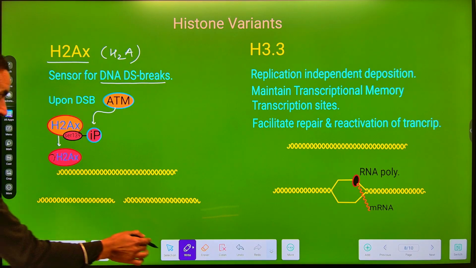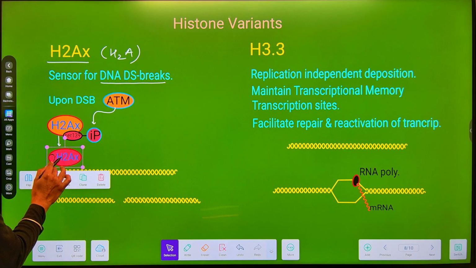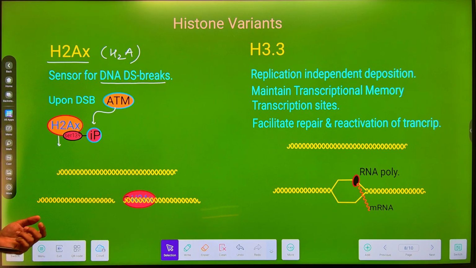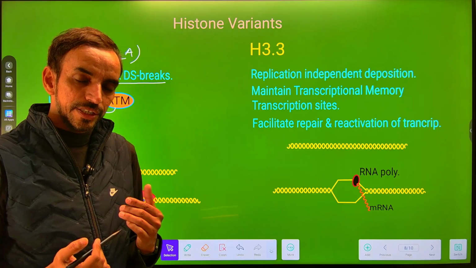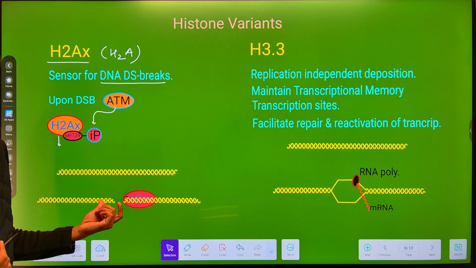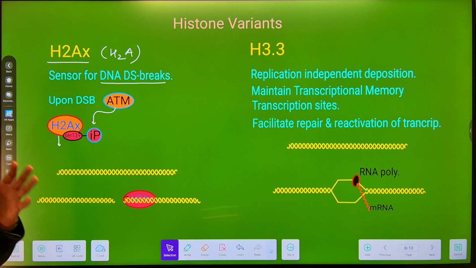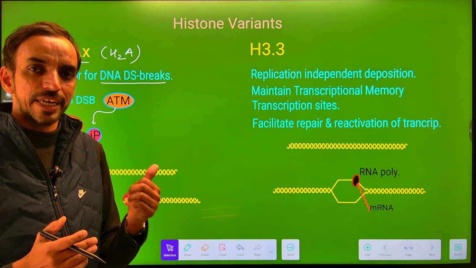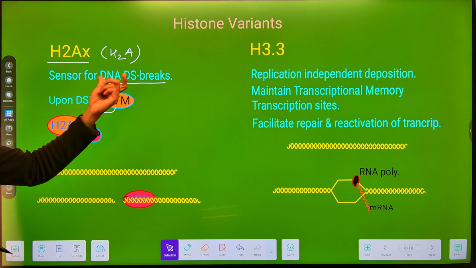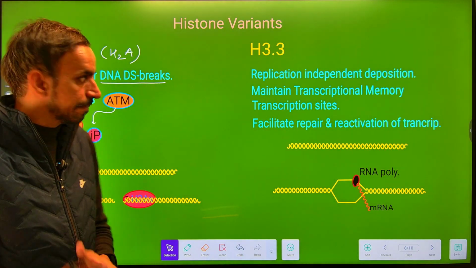Then this gamma H2AX binds to the region where there is a double-stranded break. Then it recruits the repair mechanism, and after the completion of repair, they will leave the strand. So in this way, we can say these H2AX, that are the variants of this H2A histone, help in the process of DNA repair.